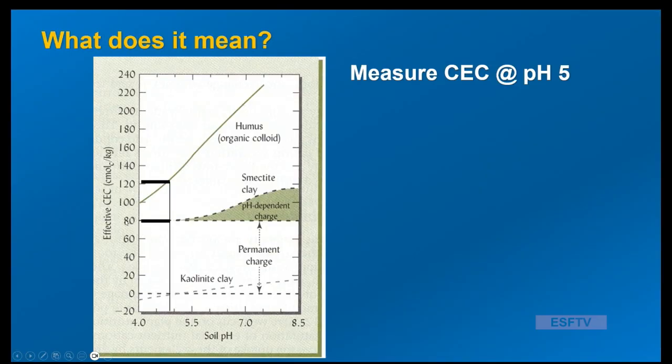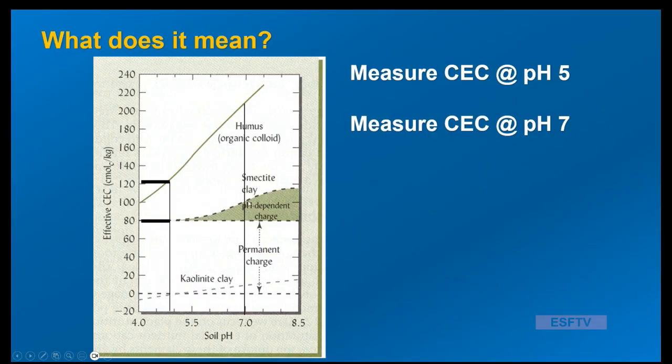And above that is the pH-dependent charge. If we look at smectite, it has very little pH-dependent charge. And so we have pH increasing the organics. They're going wild. If I measure the CEC at pH 7, okay, I get a different answer.